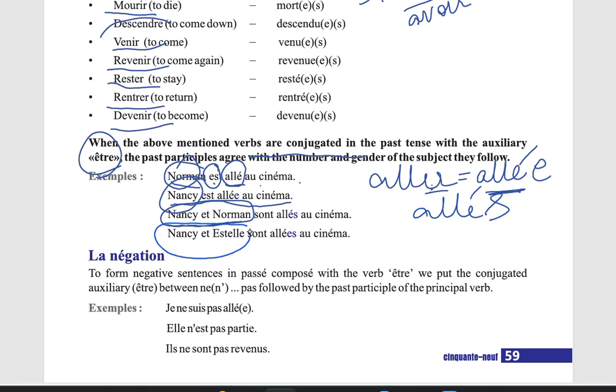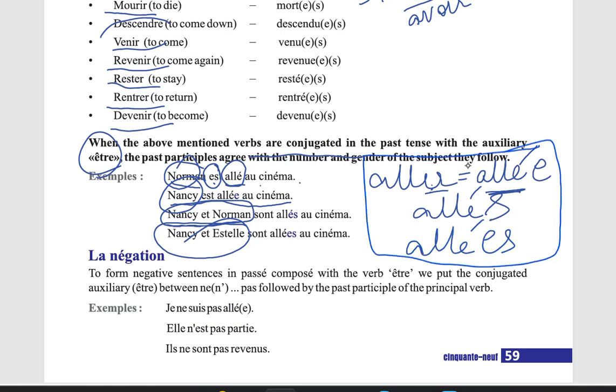But if it is two females, then it should be feminine plural. And whatever we do, the male and female or the singular and plural to the verb, it is known as s'accorde. Okay, s'accorde means you have to use your verb according to your subject. But we do this in case of verb être only.